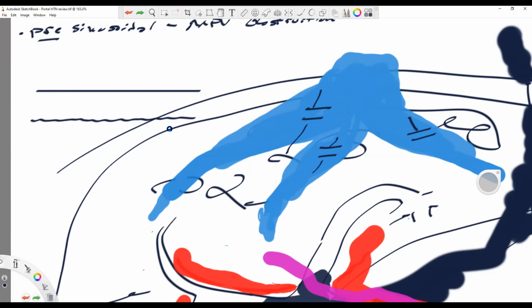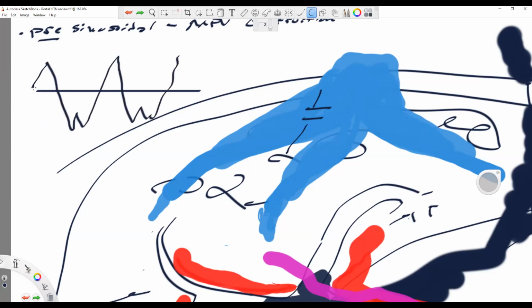If, on the other hand, we have a situation where it's exaggerated, that could actually be right-sided heart failure, because the high pressure in the atrium transmits too much energy back down.